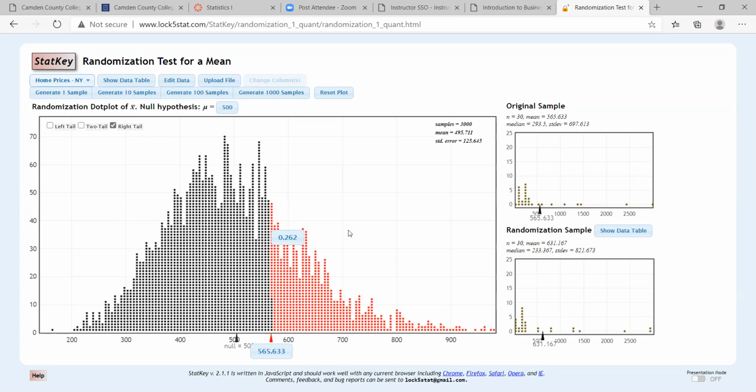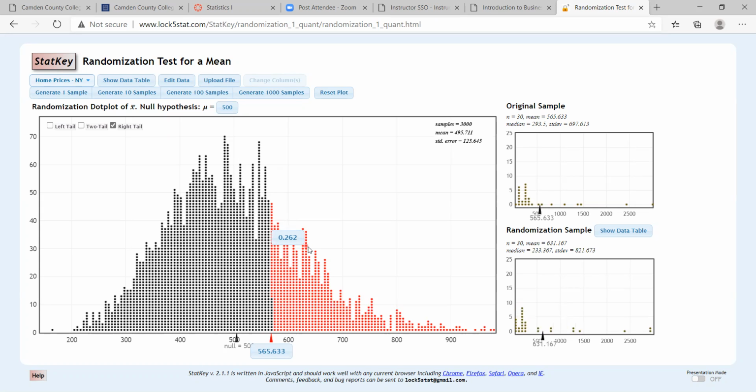I like this method better because we actually plot the sample statistic, and then see the area of that value or more extreme. If it's a right tail test, that's that value or bigger, and that area is 26.2%.